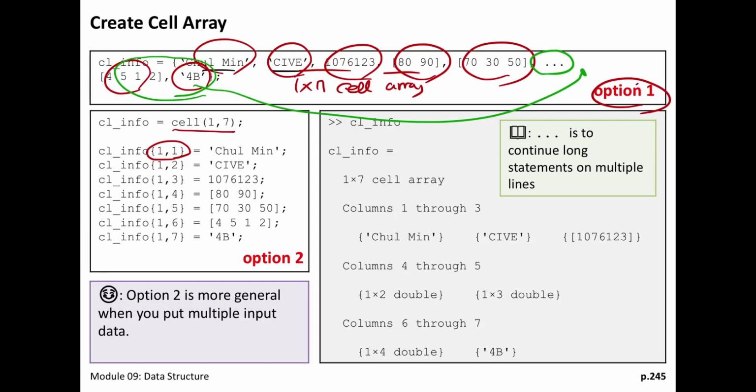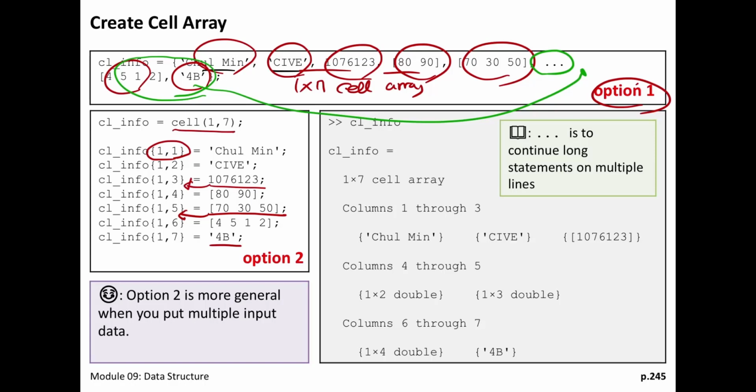And then you can store any type of value in the cell. For instance, a character vector, numeric scalar, numeric array. You can even store cell data into a cell. Basically, a cell can contain everything. So here, assigning the array, character vector, and numeric value.